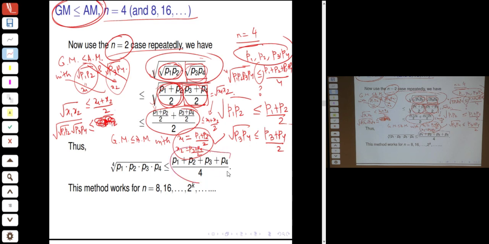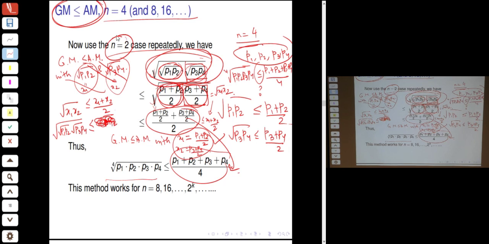And this you can check is the same as (P1 plus P2 plus P3 plus P4) by 4. And this on the left hand side is just the 4th root of P1 P2 P3 P4 if you take into account the 2 square roots being applied successively.